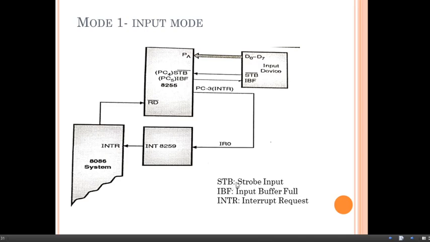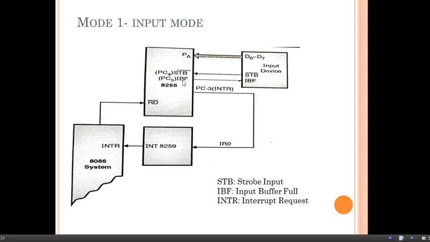Now what is this STB? It is strobe input. As we can observe here, it is bar, that means it is an active low signal. In this diagram, this STB signal is from this input device to this 8255, means it is the input signal for 8255, and this IBF is the output signal of this 8255 to this input device.